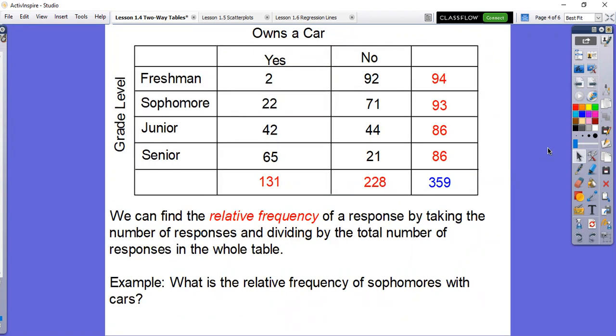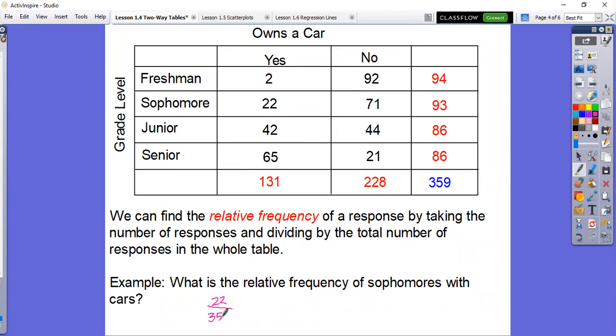So we can also find relative frequencies. A relative frequency is basically a proportion of the total number of responses that fit into a specific category. So for example, what is the relative frequency of sophomores with cars? So I'm going to look at sophomores with cars. That's 22 people out of 359.